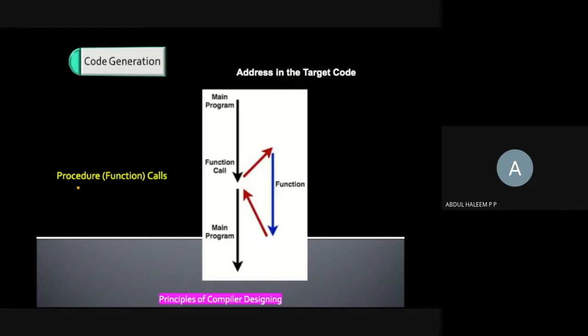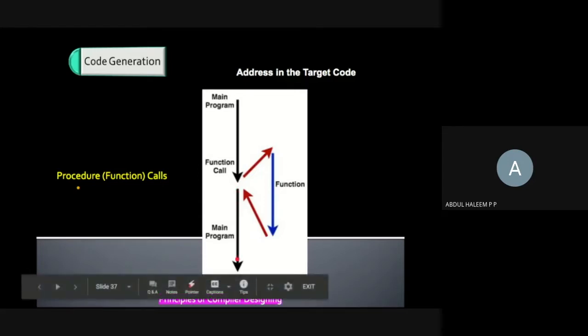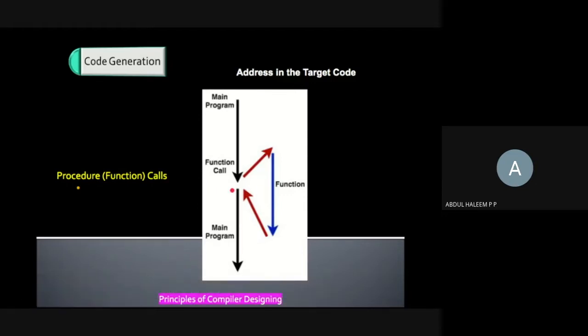When we have a return statement, it is an indication that the function call is getting over. Once the function call is over, the instruction next to the place from where the deviation had come is to be resumed. That means the address at this point is to be stored somewhere, and it is to be given back to the program counter.